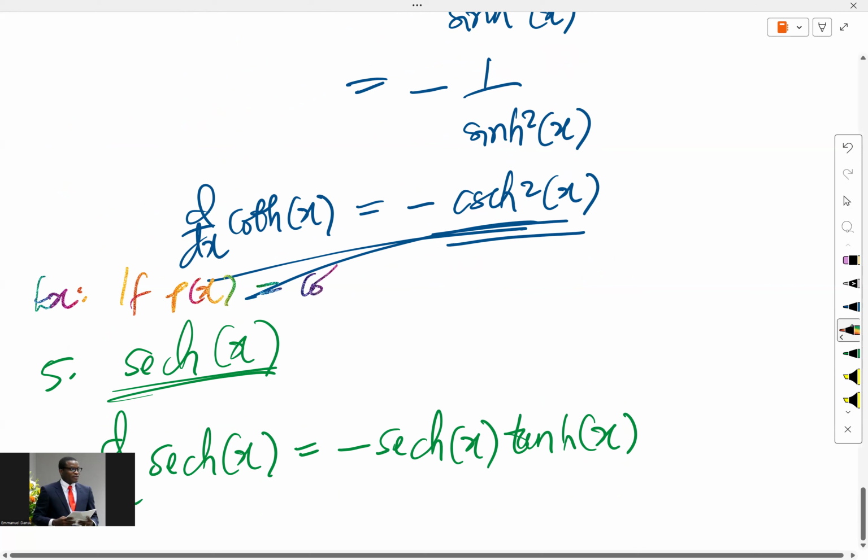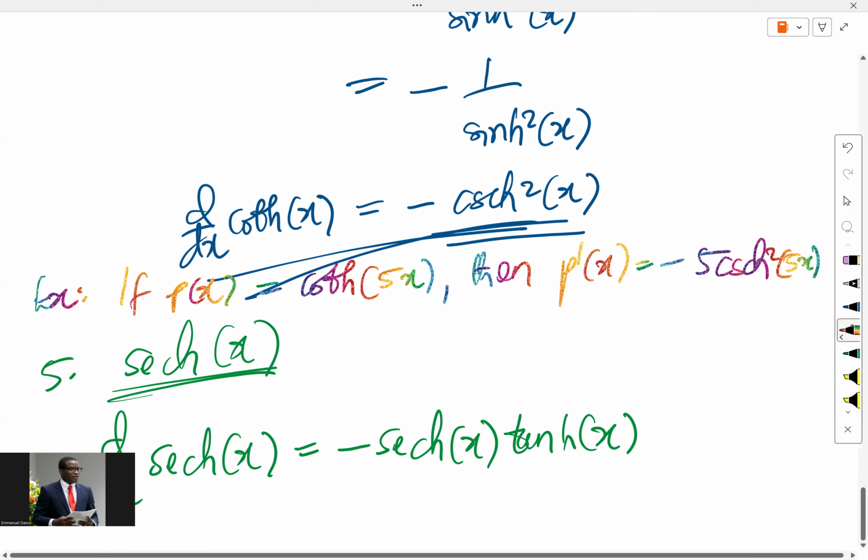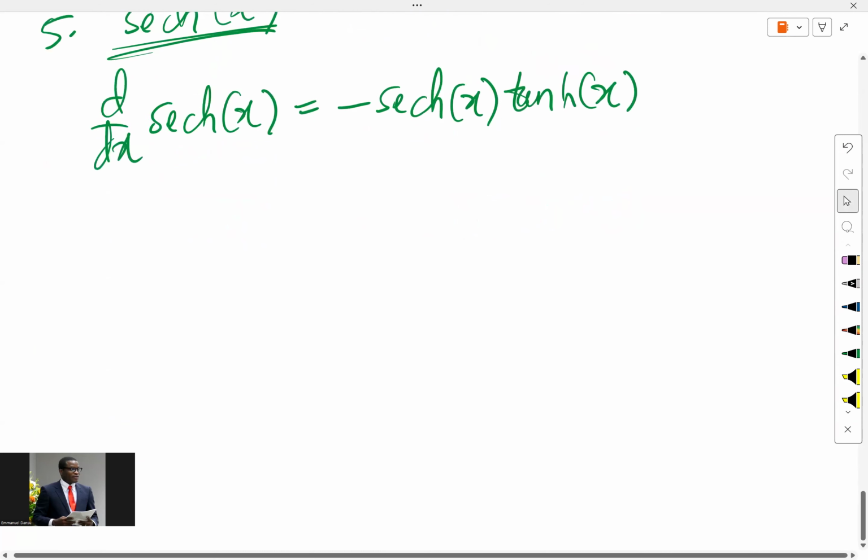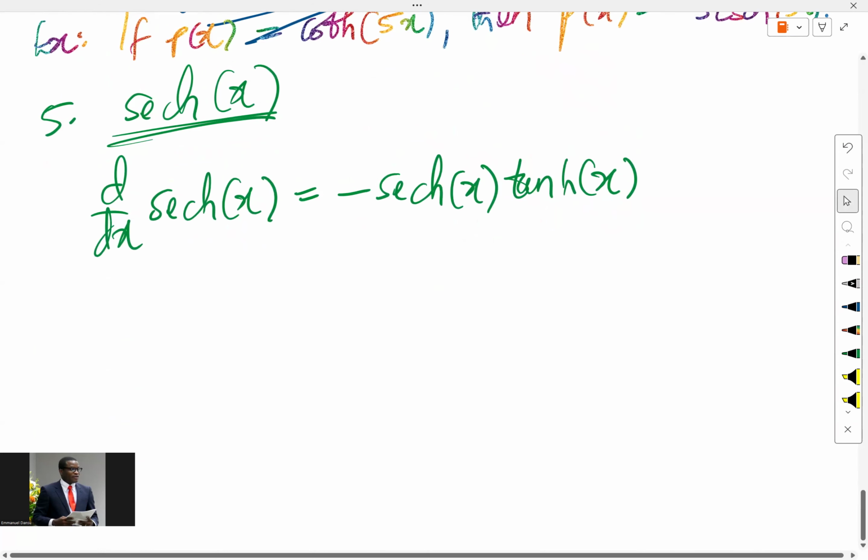If p of x is cosh 5x, then p prime of x would simply be minus 5 cosh squared 5x. Okay. And then here we have minus x tanh x.